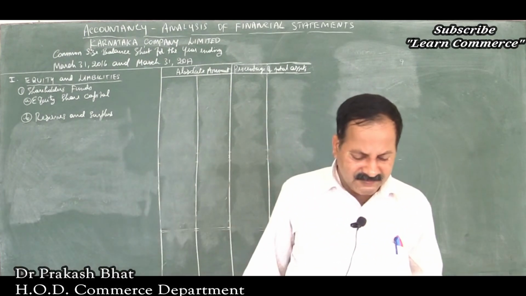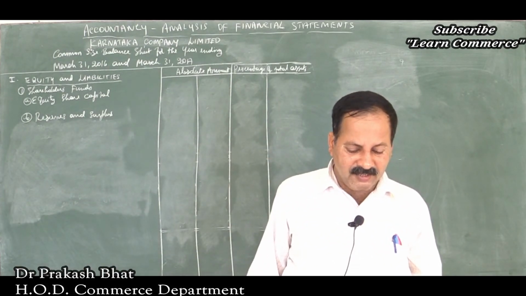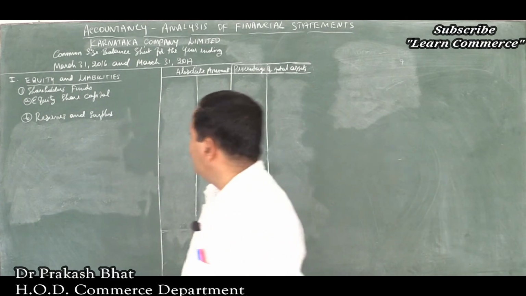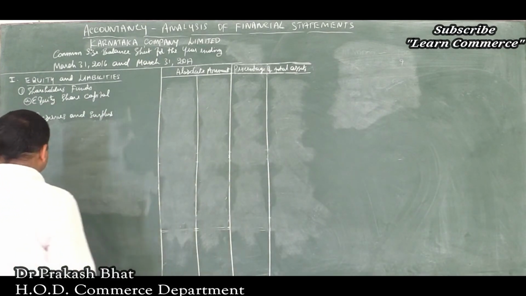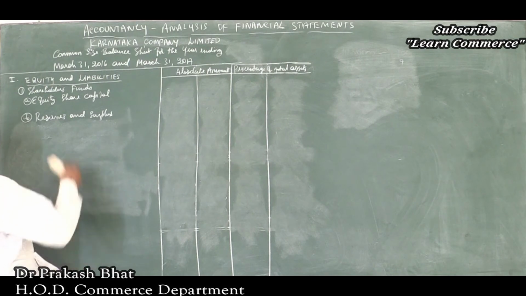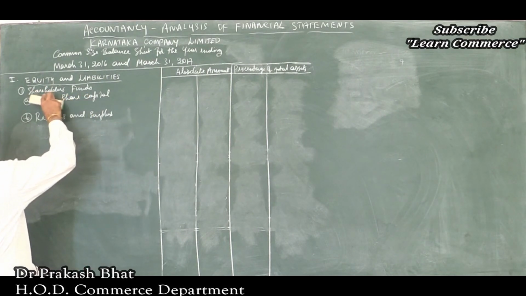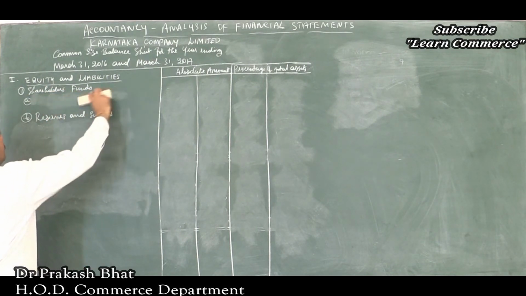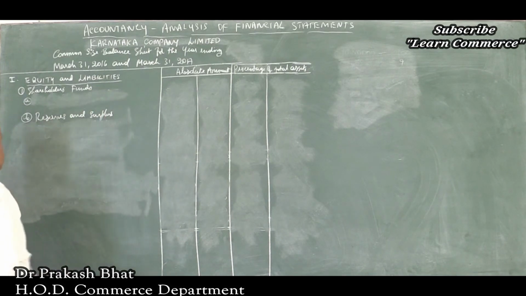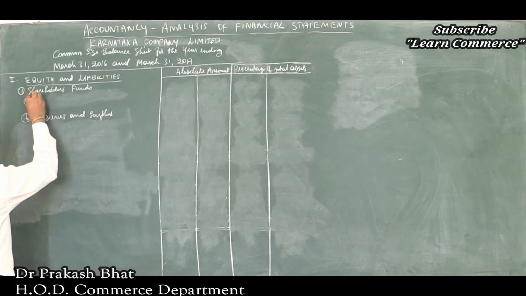Under shareholders' funds, point A, share capital. They didn't tell anything regarding equity or preference, so simply share capital they told. So write like that only, whatever is given in the problem. Because we are solving the problem, right? So it should be as per the problem only. Share capital.